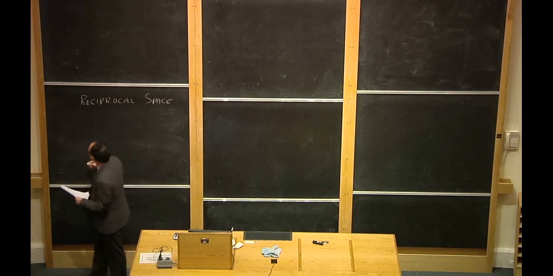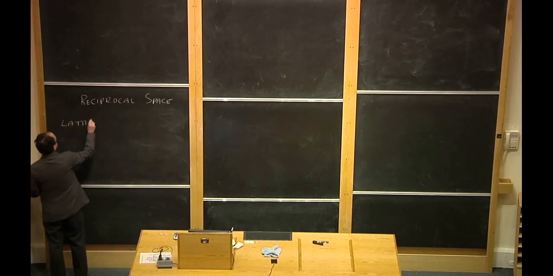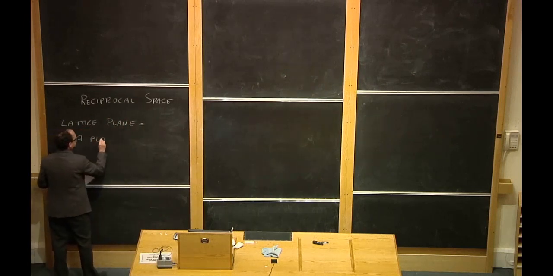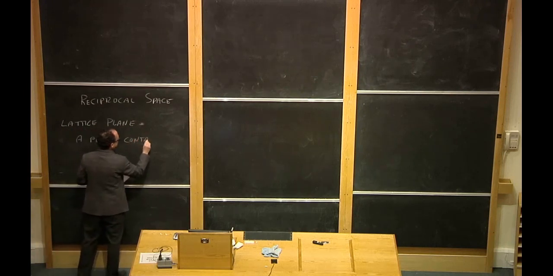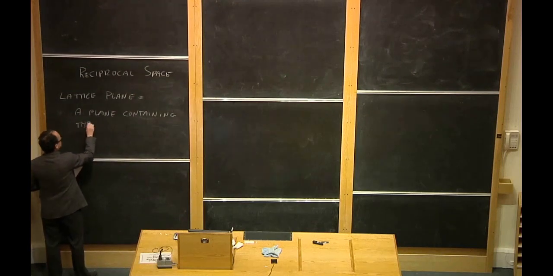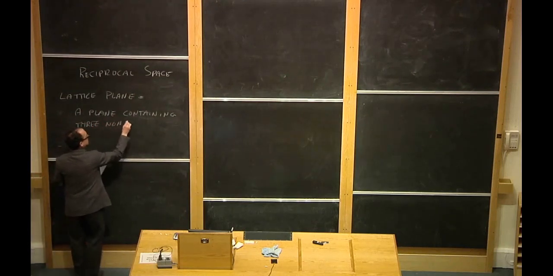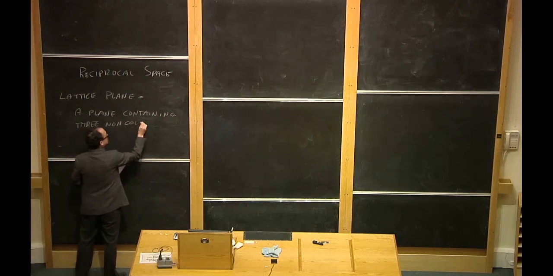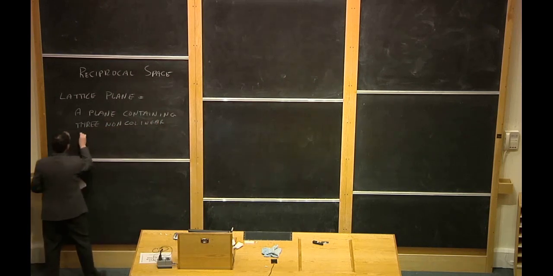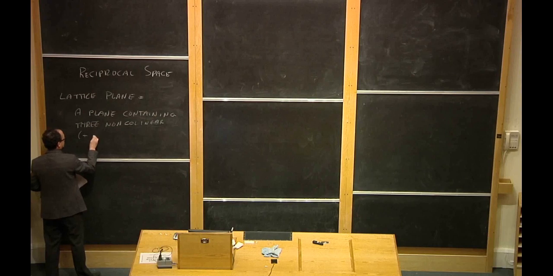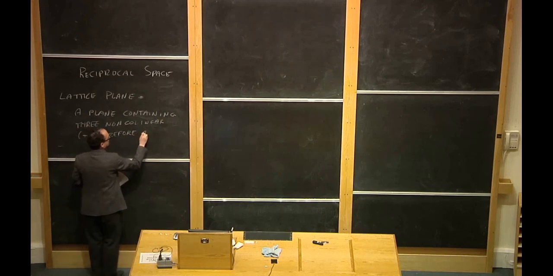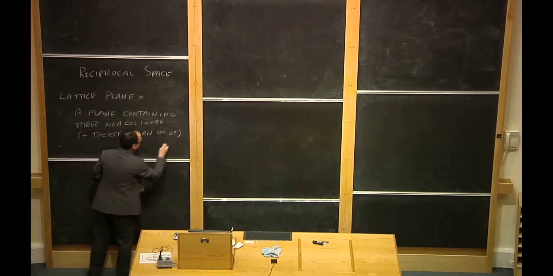So I need some definitions as usual. Let's start with a simple definition. A lattice plane equals a plane containing three non-collinear, and therefore an infinity of, lattice points.